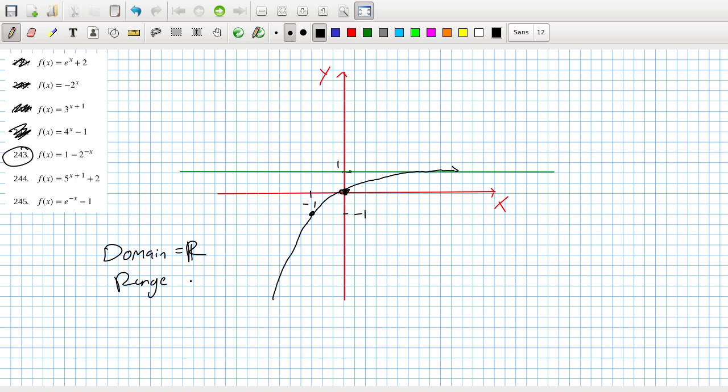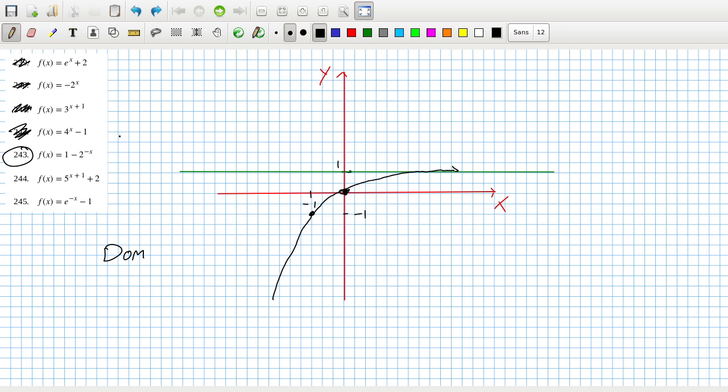The range is -infinity to 1. And the asymptote is at 1. Yes. Ugly, but it'll have to do. Okay.